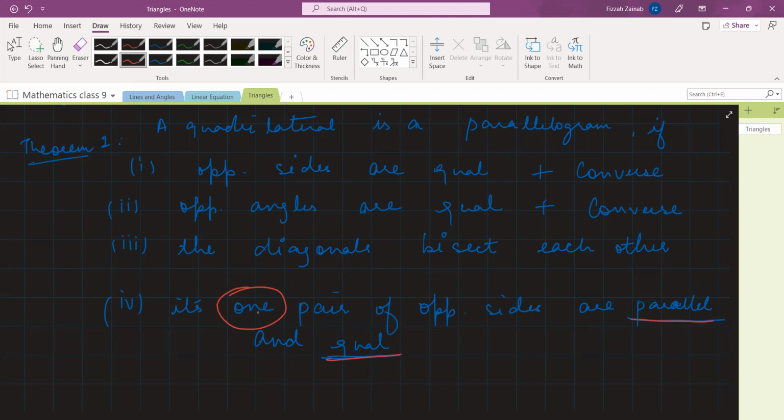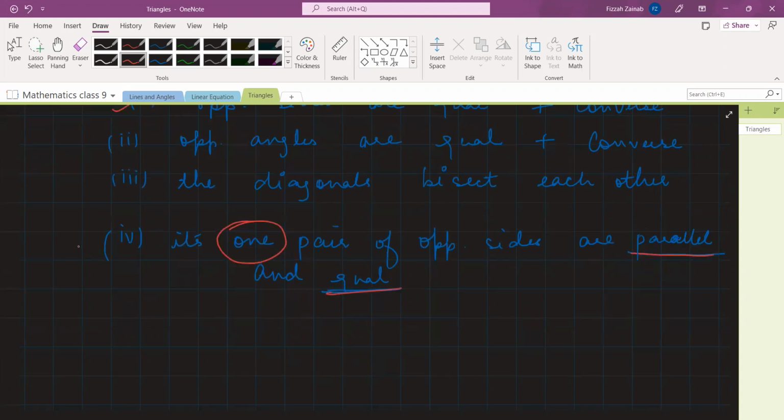Now see theorem number one, opposite sides are equal. Second, opposite angles are equal. Look at the first one only. Opposite sides are equal. So I'm saying that both pairs of opposite sides are equal. And fourth, it is saying that only one pair.